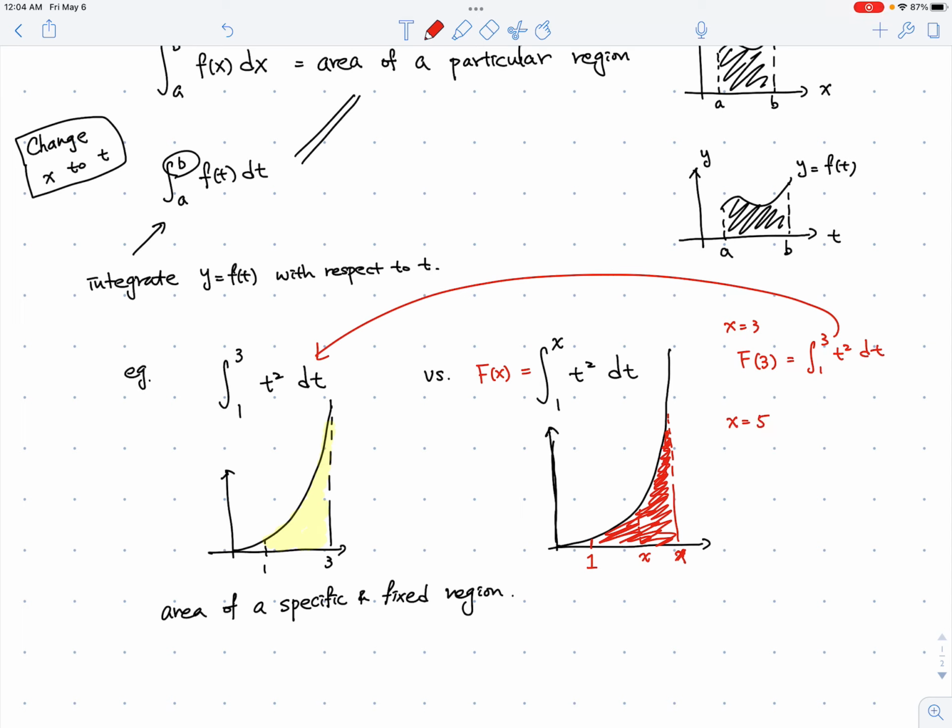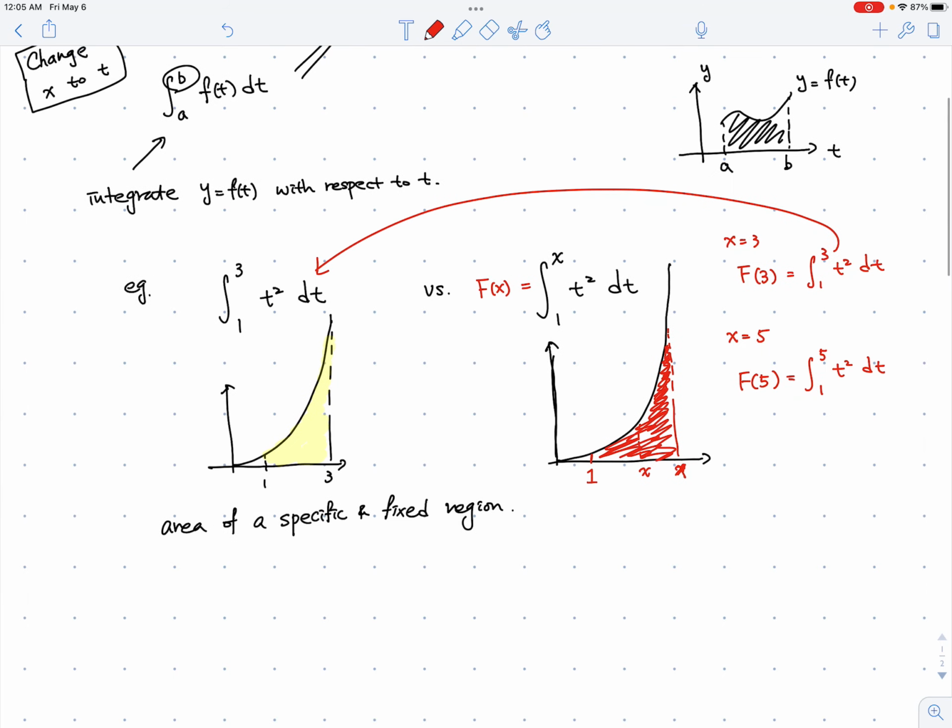I can have x equal to 5. In that case, I would plug 5 into the x, so I have the integral from 1 to 5 of t squared. Then I would have a different area because it's a different region, right? That's what we mean. The area that you get from taking the integral depends on the x value that you put inside.